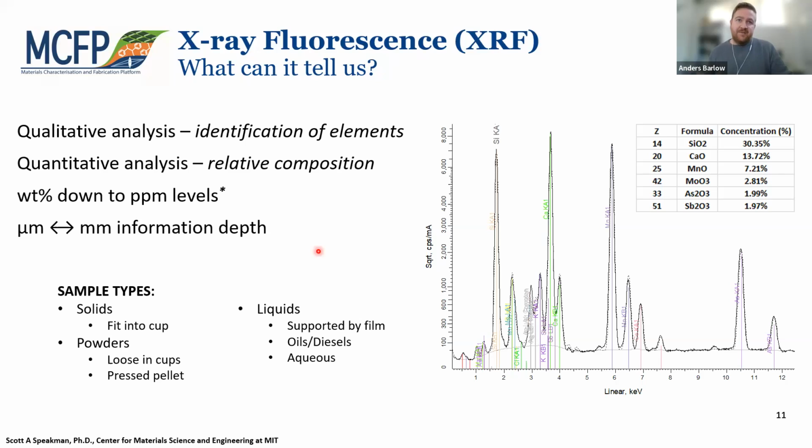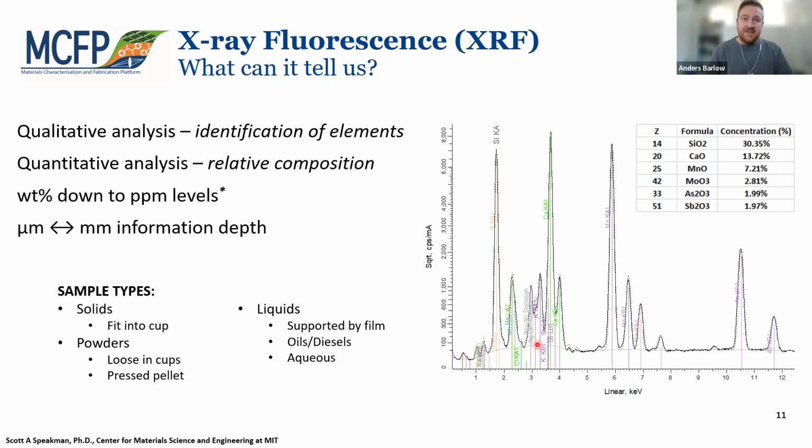So the qualitative analysis of XRF is quite simply identifying those elements. For example, here we have an example XRF spectrum. This is from one of our calibration samples, and you can see all of these different peaks that we have in our spectrum. I've labeled all of these using the software to show us all of the different X-ray lines that we are detecting for the different elements.